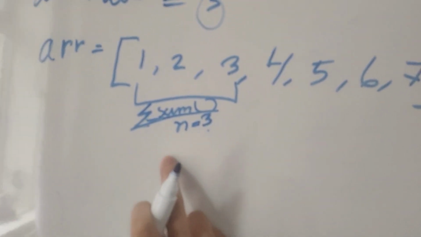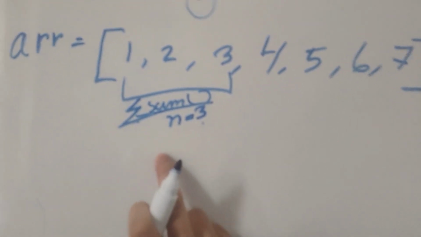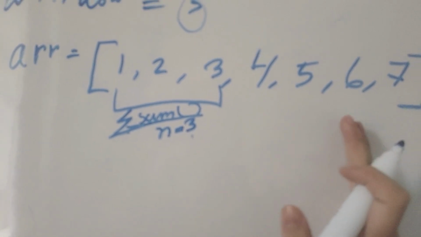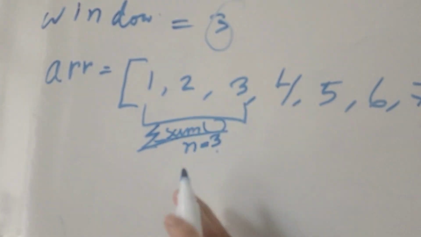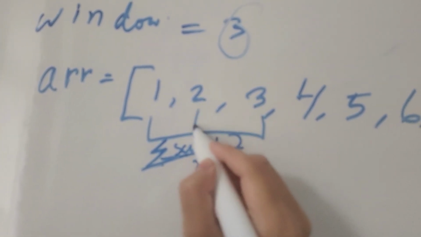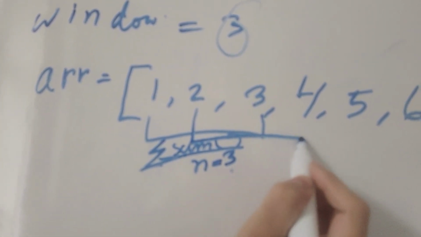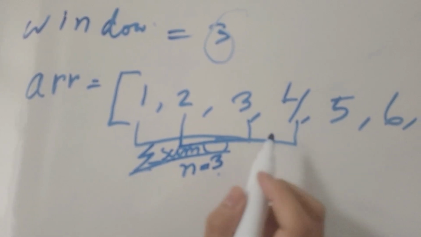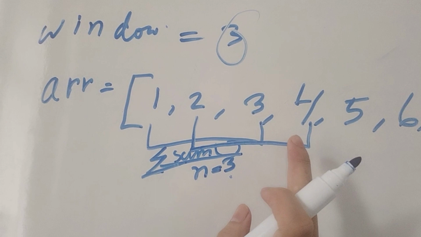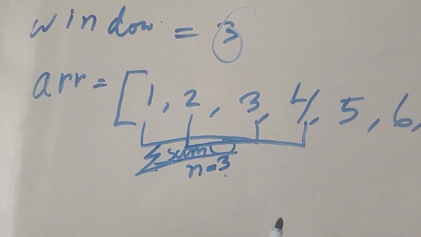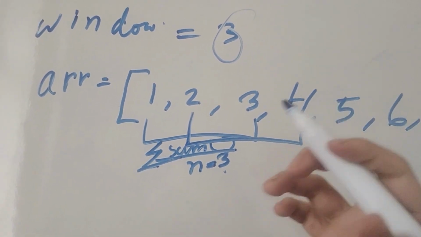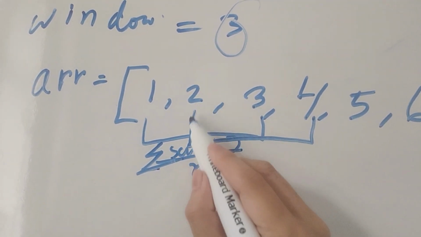But it's a moving average, so it moves to the right, with the 3 steps in mind. Next time we'll be moving one step to the right. This is why we call it a moving step. We do the same with this subset.